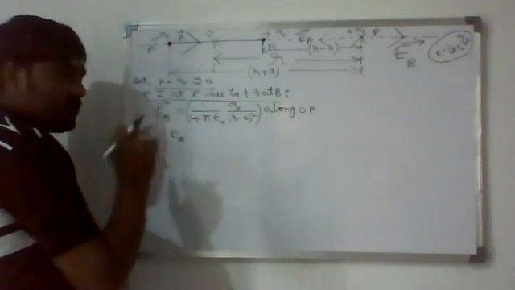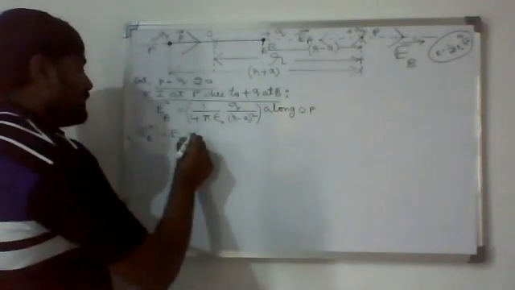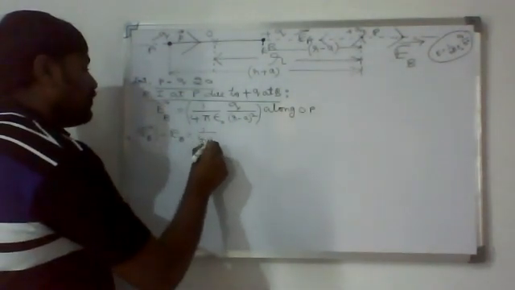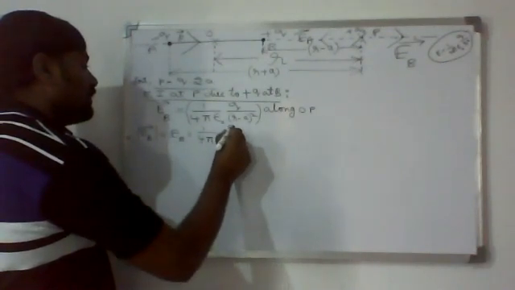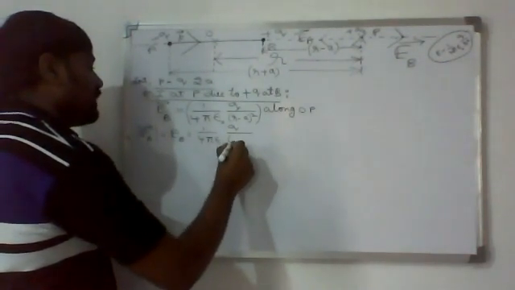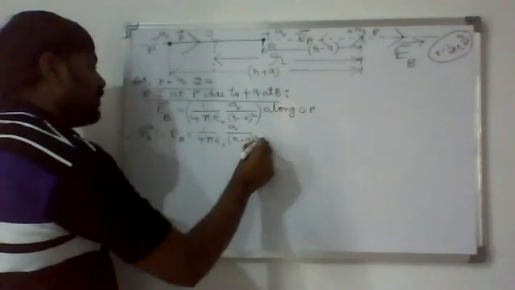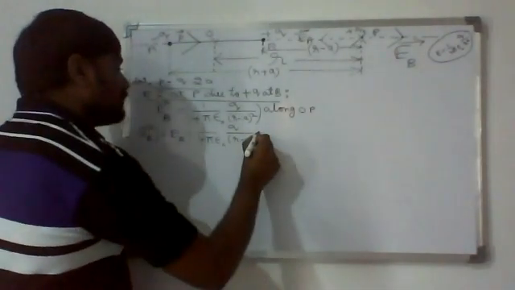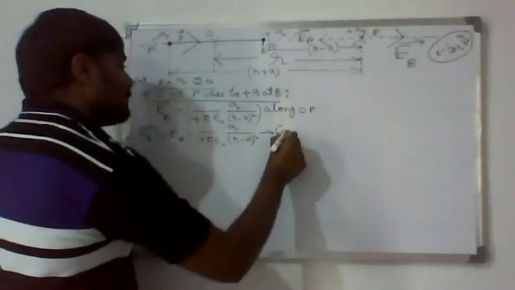So EB is 1 divided by 4 pi epsilon naught, Q divided by R minus A whole square. Okay, so call this equation number 1.